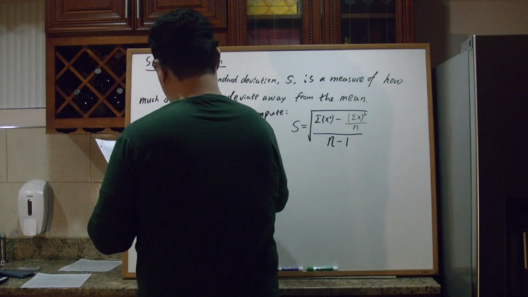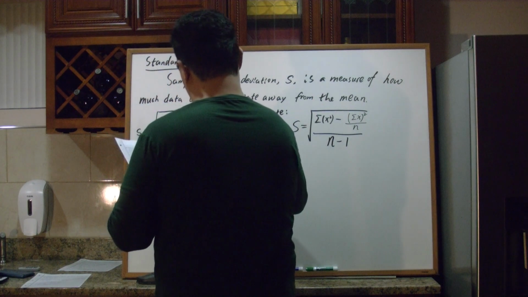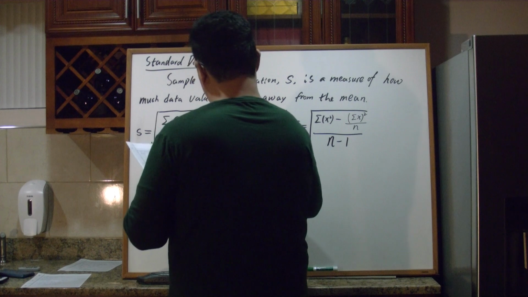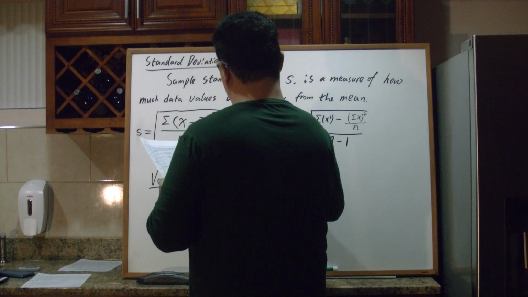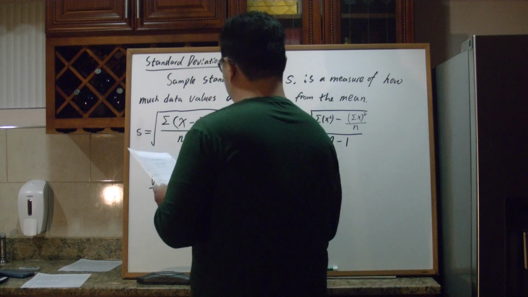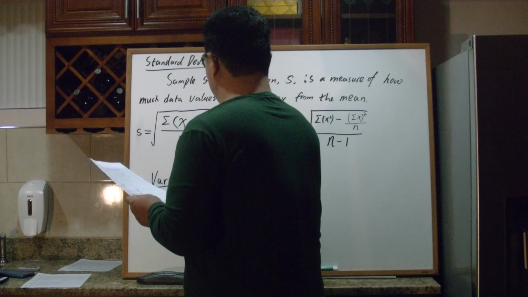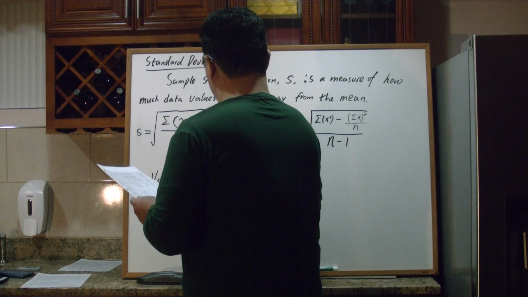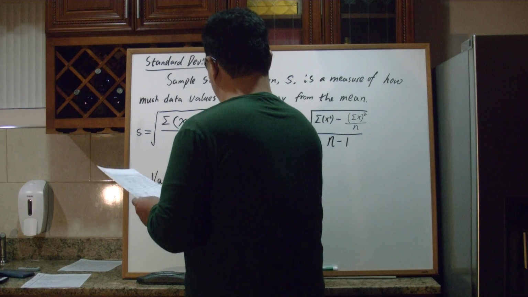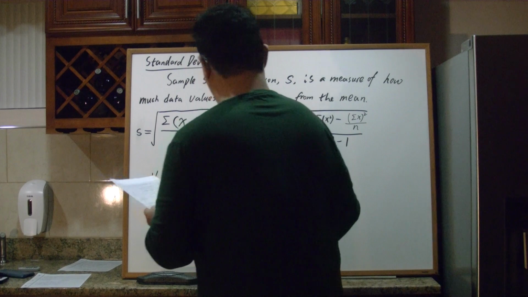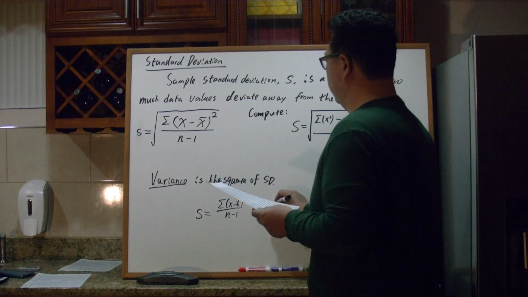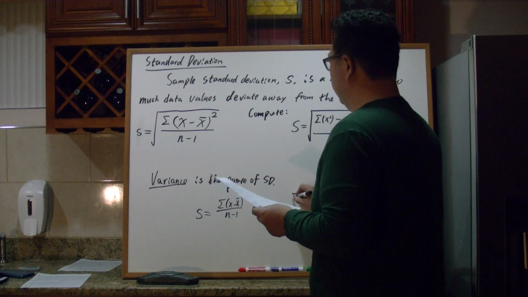That variance is just the square of standard deviation, which for the sample is just the part underneath our square root. That thing is called variance.